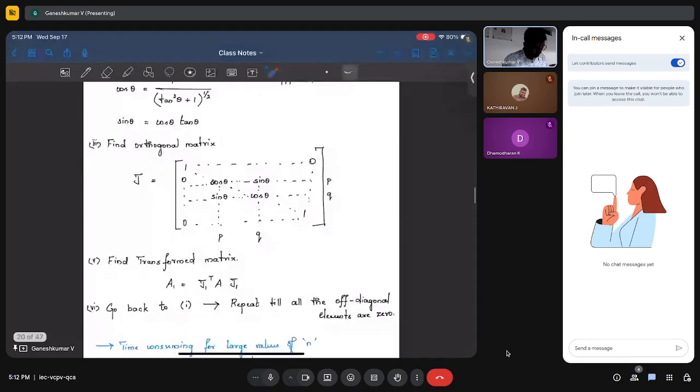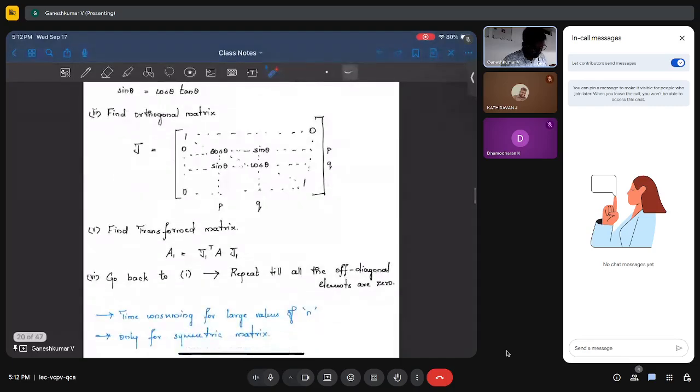For example, this is your J matrix, a rotational orthogonal matrix, and you multiply by J transpose and J, so this transformed matrix will be similar to the A matrix. That will not change your eigenvalues, just the numbers in your matrix will change.